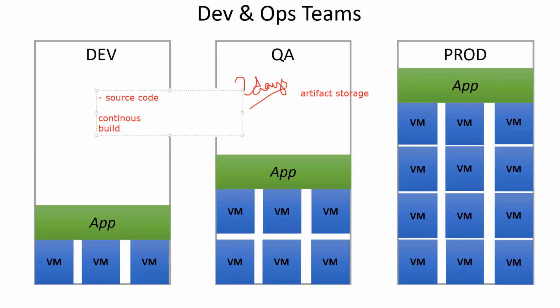I'm expected to have a central source code location where the developers can put the code, do the build process here, and that too continuously. Then I hand it over to my testing team with regards to the artifact, so artifact storage is to be considered.